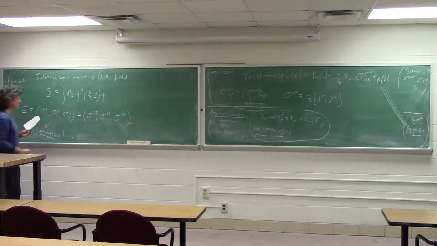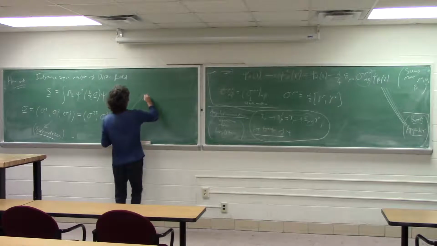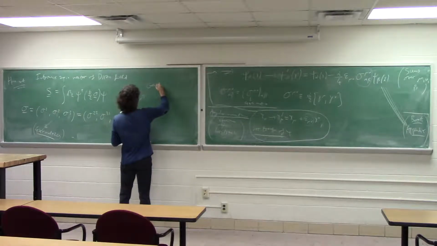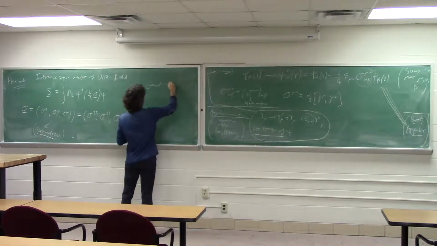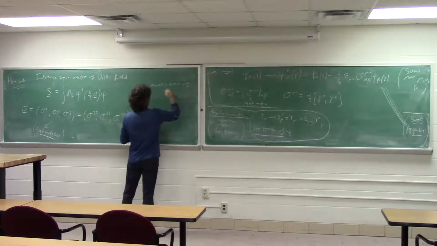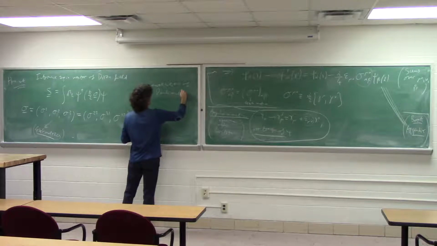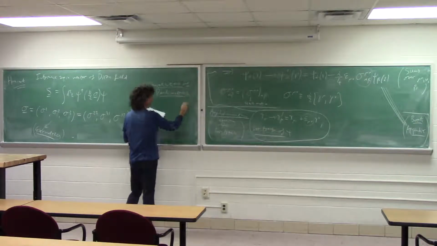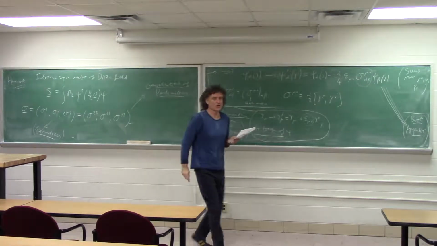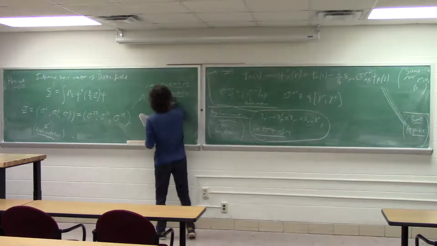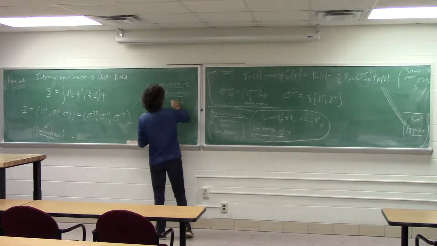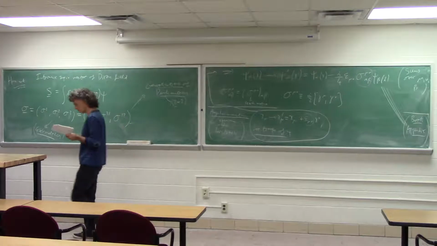Now, these are generalizations of Pauli matrices. The Pauli spin matrices are of course 2 by 2.